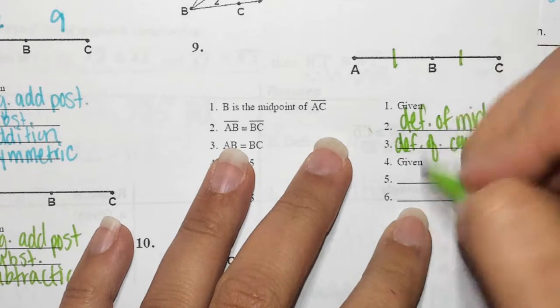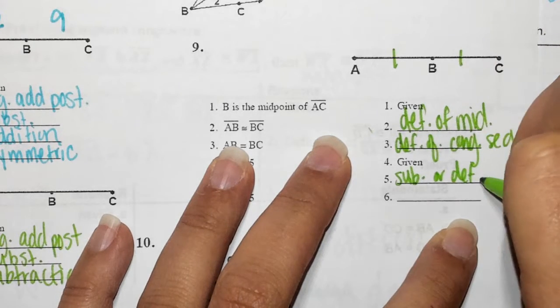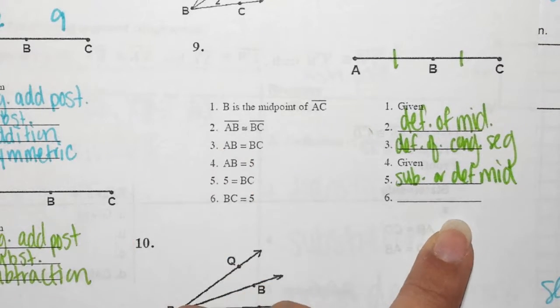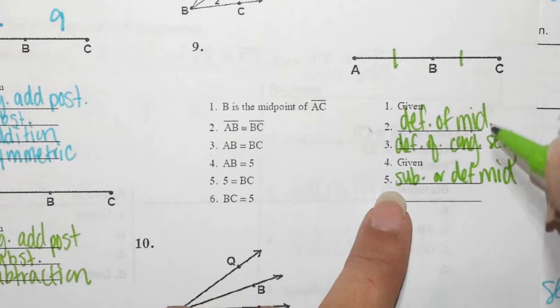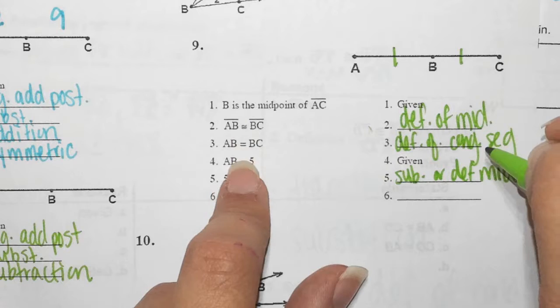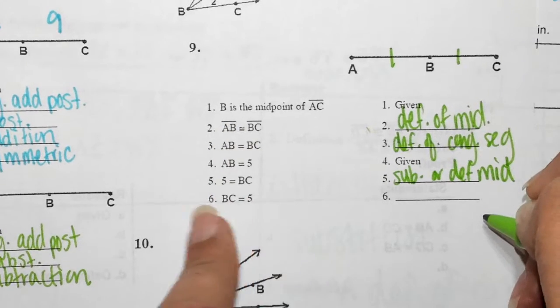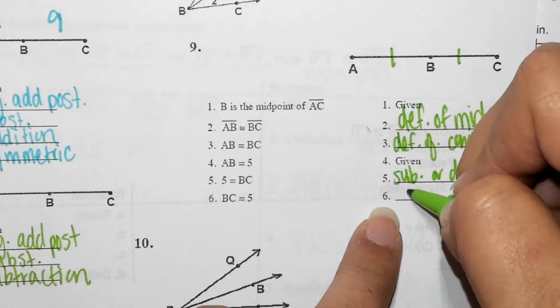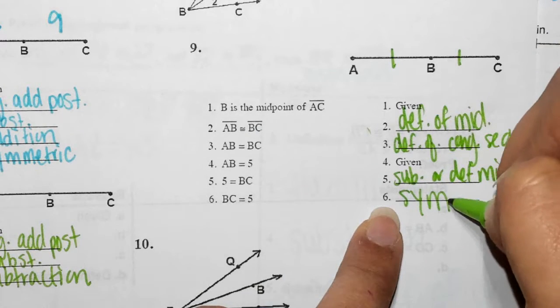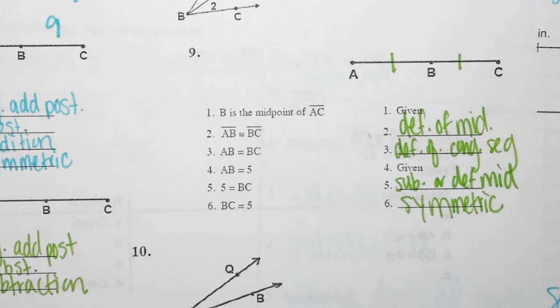So we could use substitution or definition of a midpoint. Number 3 would be the definition of congruency because we went from congruent to equal. And then this one would be symmetric.